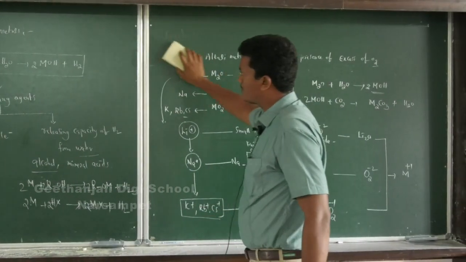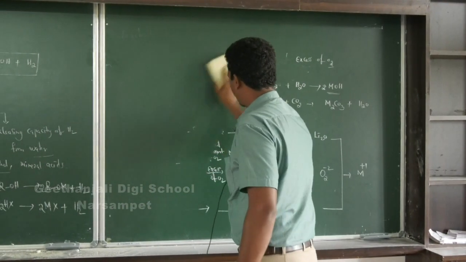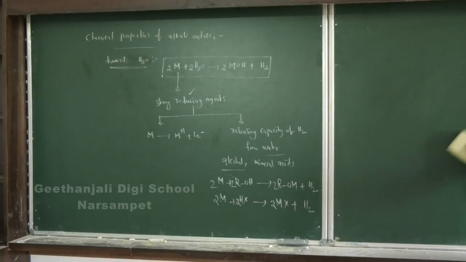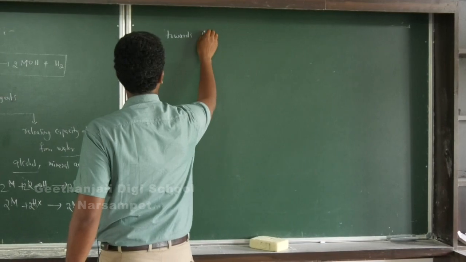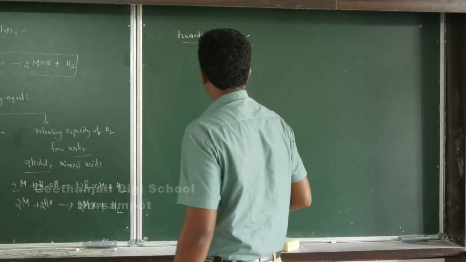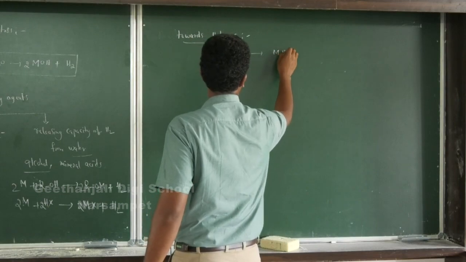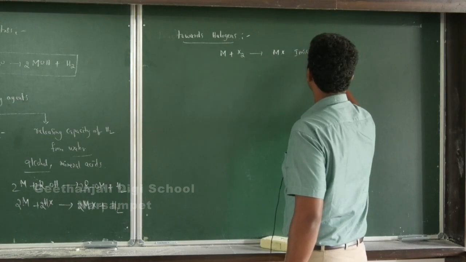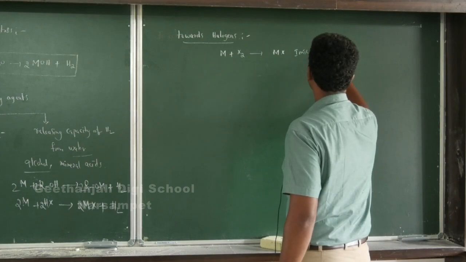So this is reactivity towards oxygen and reactivity towards water. Next property, reactivity towards halogens. Alkali metals, when they react with halogens, form MX type of ionic crystalline colorless halides.